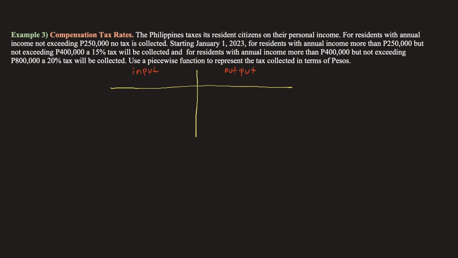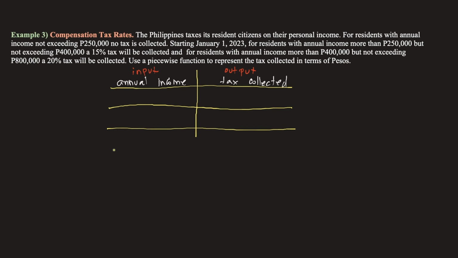In this particular problem, the input will be annual income, and the output will be tax collected. So if you noticed, there are three conditions given in the problem. So we will write 3 rows, one for each condition.